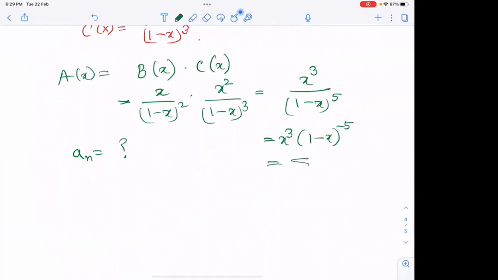Because by the identity, it is the coefficient of x power n. That means you have to find the coefficient of x power n in this rational expression. How do you find the coefficient of x power n here? Already x cubed is here. So it's enough to find the coefficient of x power n minus 3 in 1 minus x to the power minus 5.